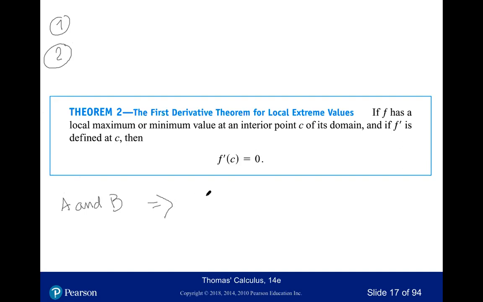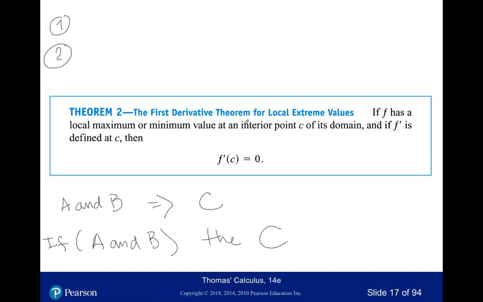Imply C. Or if A and B, then C. Okay, so I want to know what is my A and what is my B. Just reading this theorem statement, can you guys unscramble for me this B, this mysterious B part? Is it just if A and C, then B?